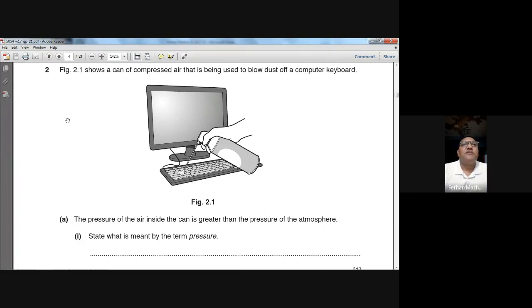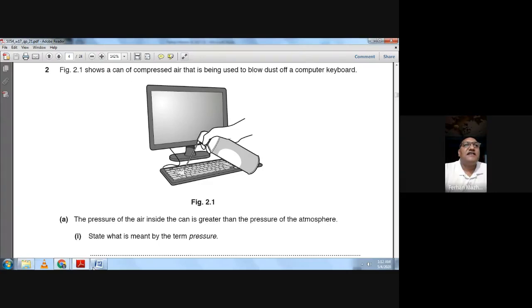State what is meant by the term pressure. Pressure means the force per unit area on a surface. The ratio of the force and the area is called pressure.